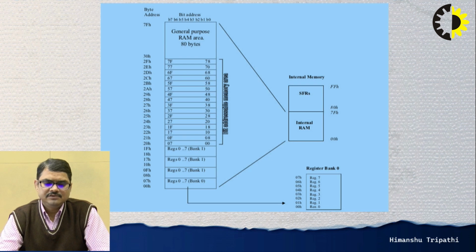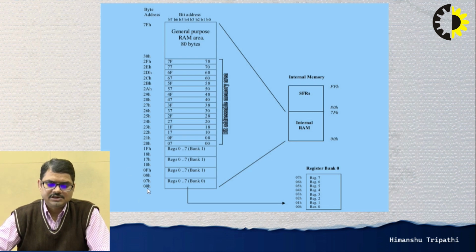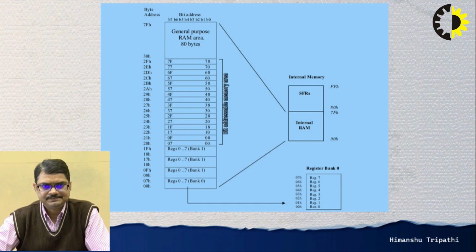So, if we start from memory location 00H, we can go up to memory location 07H. These constitute 8 registers, and this is memory bank 0.